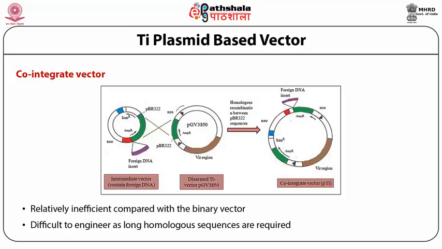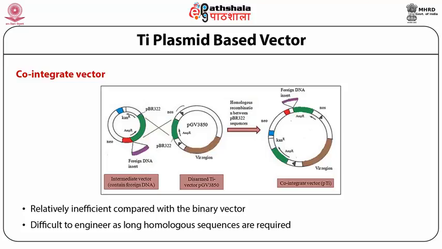There is another vector which is constructed in vitro. This is a much smaller vector, easy to handle, where a gene of interest with a promoter and terminator can be inserted. There are techniques available to insert the foreign DNA of your gene of interest into this smaller vector.